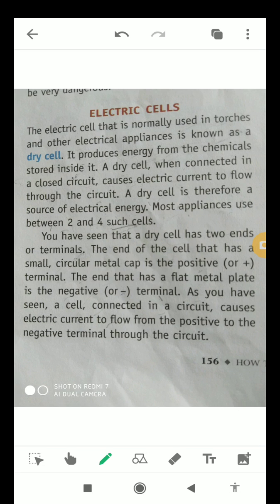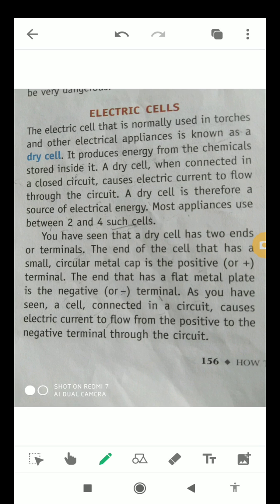And I would like to tell you students that a cell is something by which you can operate appliances like a torch very easily. Okay, and the cell produces energy from the chemicals stored inside it. So there are a lot of chemicals stored inside the cell, and actually those chemicals produce the energy.